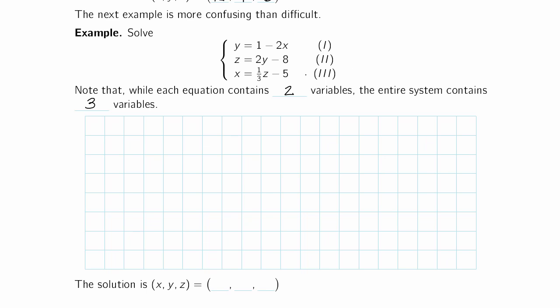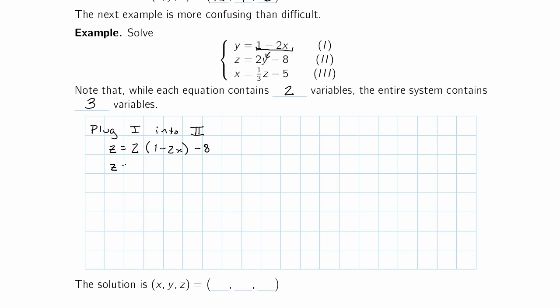So I'm going to leave 3 alone as long as possible because it's got that fractional coefficient in it. I'm going to start by plugging 1 into 2. So I'm going to replace this y by this expression that's equal to y. I'll have z equals 2 times y, which is 1 minus 2x, minus 8.